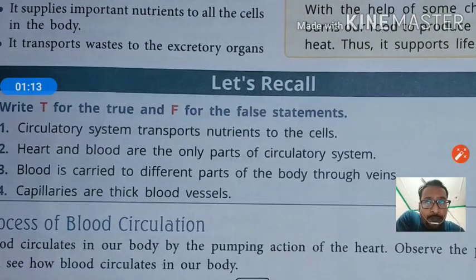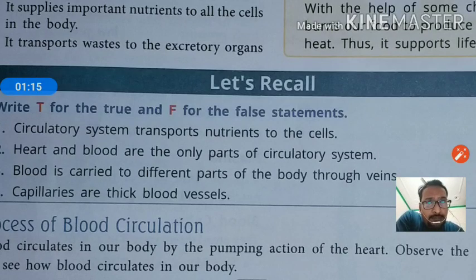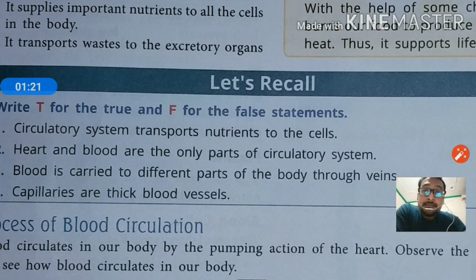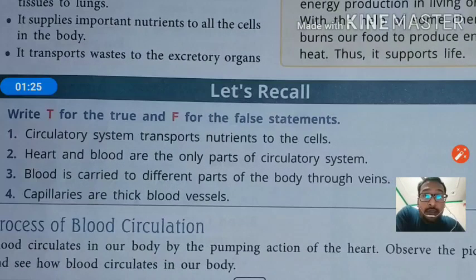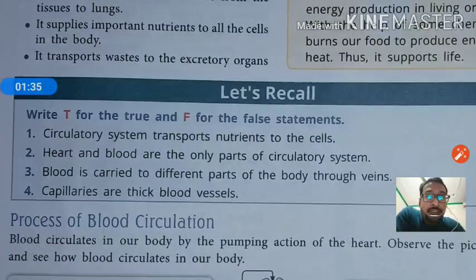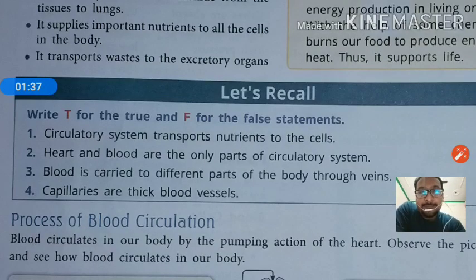Number 2, heart and blood are the only parts of the circulatory system. Is it true? We have discussed one more part, the third, blood vessels: arteries, veins and capillaries. So number 2 is false.